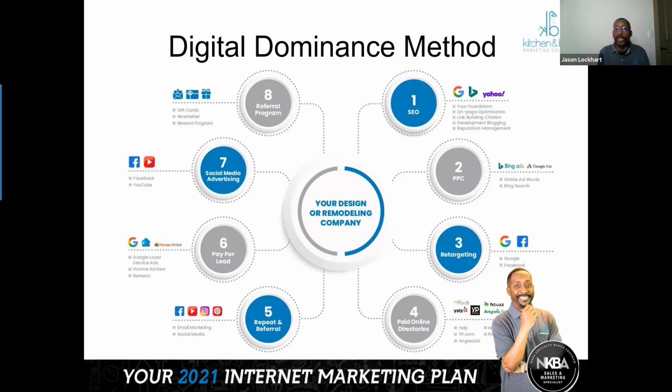So you have to do a little bit of SEO, PPC, retargeting, online ads, referrals. So when you have your clients, hitting them up for referrals or email marketing that way. What we call our digital dominance method, having an all-encompassing approach. And there's a way that you can do a lot of this, which I'm going to touch on in just a minute.